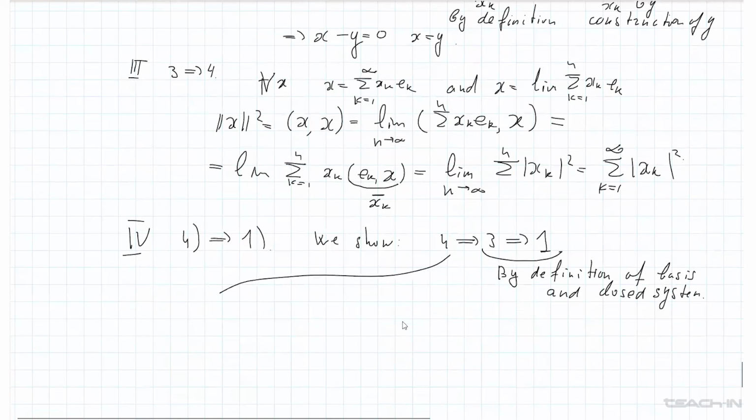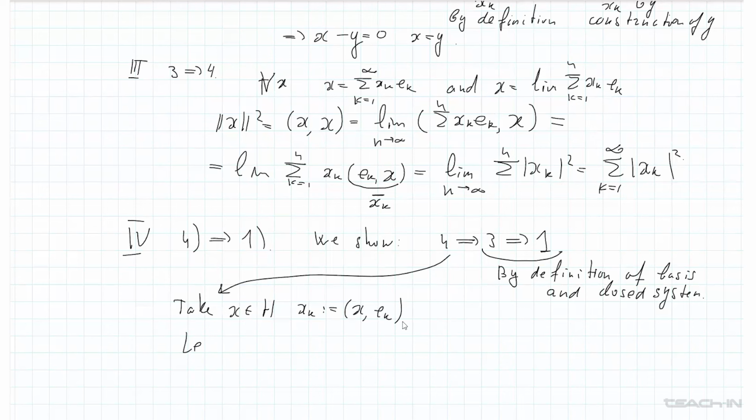as usual. Take x from H, x_k is the Fourier coefficient, and let the Fourier sum not be x, so call it y.